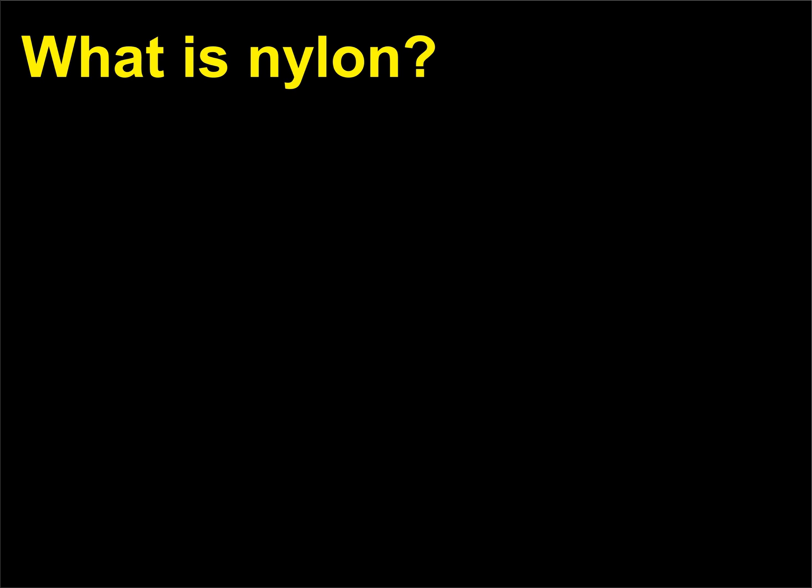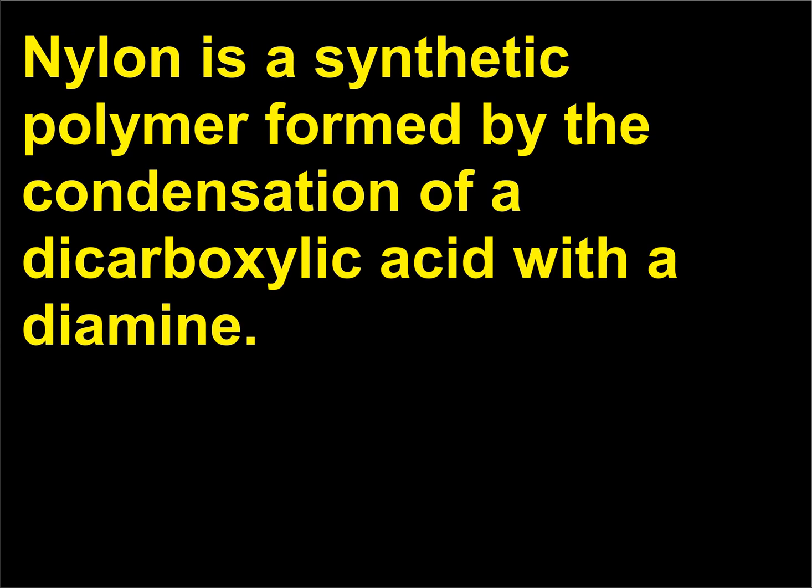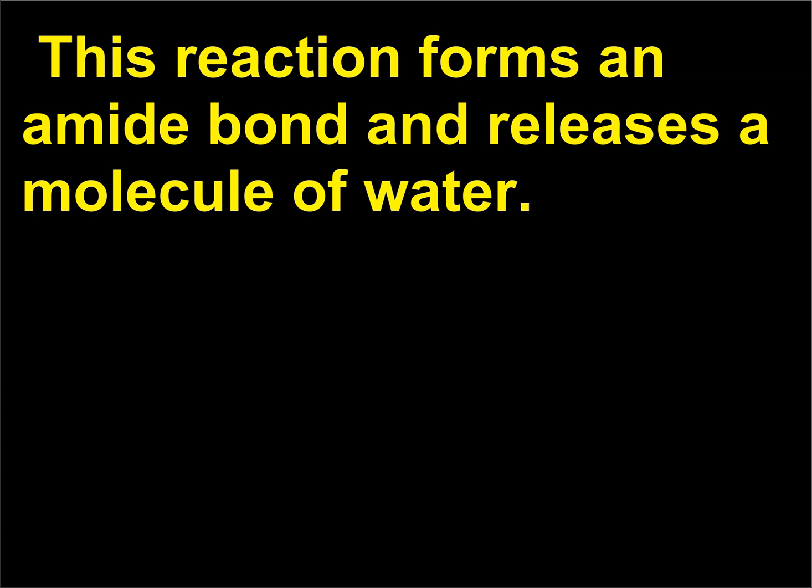What is nylon? Nylon is a synthetic polymer formed by the condensation of a dicarboxylic acid with a diamine. This reaction forms an amide bond and releases a molecule of water.